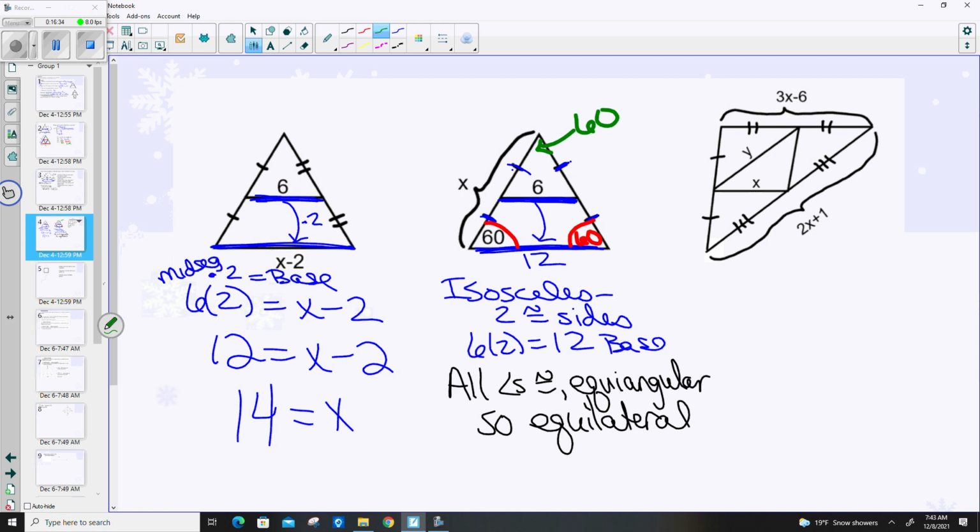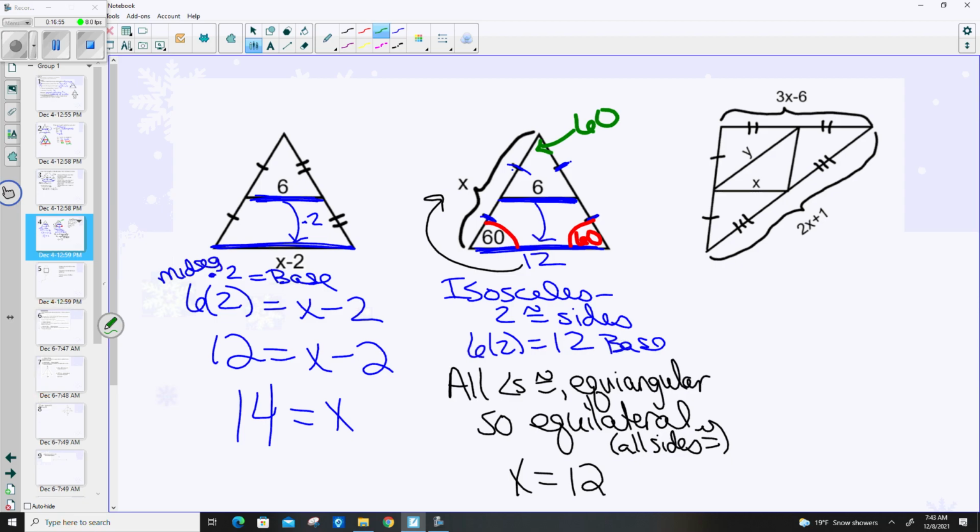X is 12. Why? So the base is 12. All your sides are equal, is what equilateral means. So since all the sides are equal, x also has to be 12.